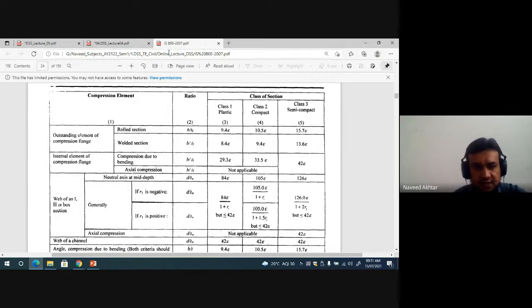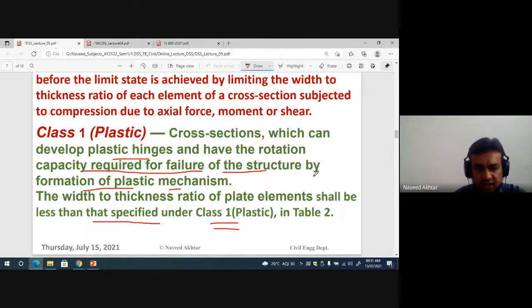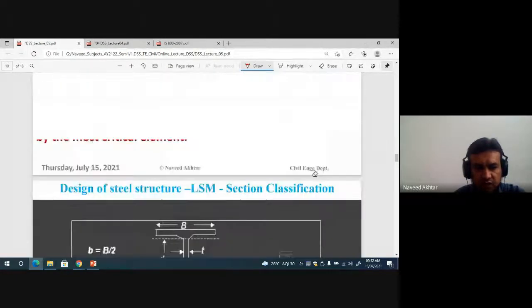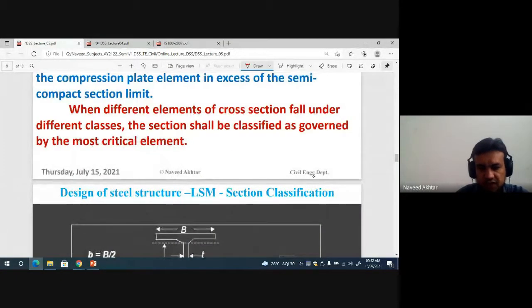Epsilon is nothing but the square root of 250 upon fy. Generally, our fy will be 250, then the value of epsilon is equal to 1. Okay, you will get this.